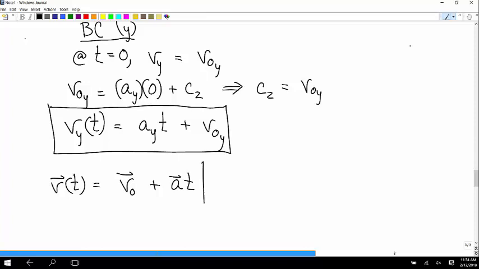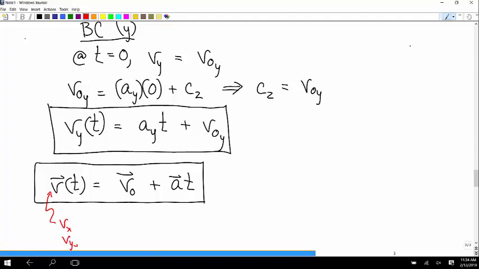And notice you have this equation that has the exact same form that we had in the one-dimensional case. Everything now is a vector. This V is made out of a Vx and a Vy. This V0 is made out of a V0x and a V0y. And this A is made out of an Ax and an Ay.